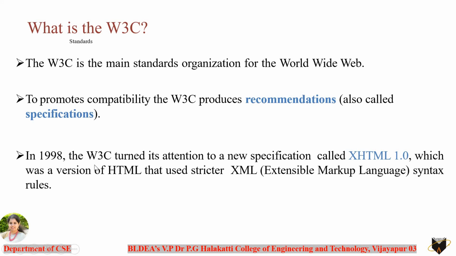In 1998, W3C turned its attention to a new specification called XHTML 1.0. XHTML means Extensible Hypertext Markup Language, with version 1.0 being the version of HTML that used the stricter XML syntax rules.